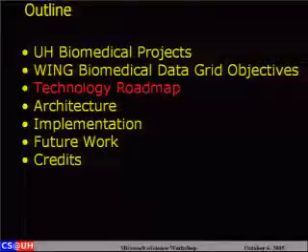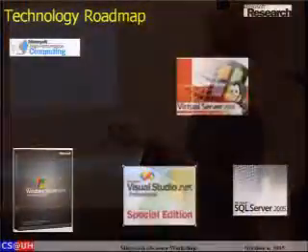Store this in the database using ADO.NET. We can actually extract and view the information we have stored in the haystack. And with this infrastructure, we can apply queries and also do visual modeling. So these are the objectives that we have for this WING.